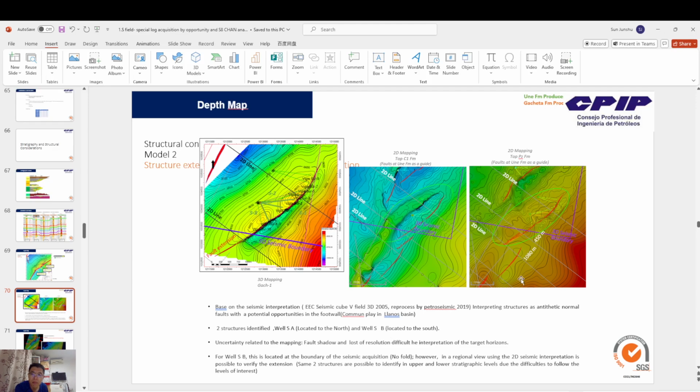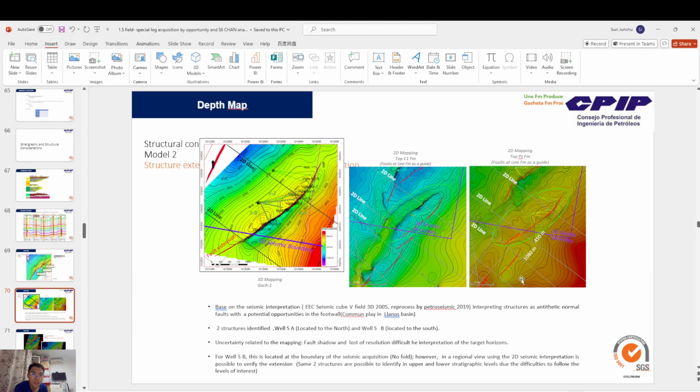Uncertainty related to the mapping, fault shadow, and loss of resolution difficulty. For well B, this is located at the boundary of the seismic acquisition, not fault.